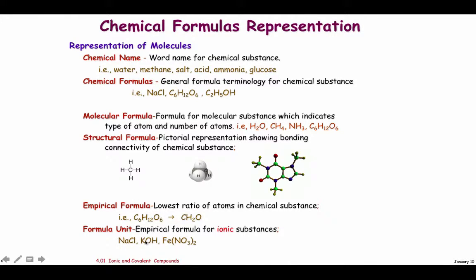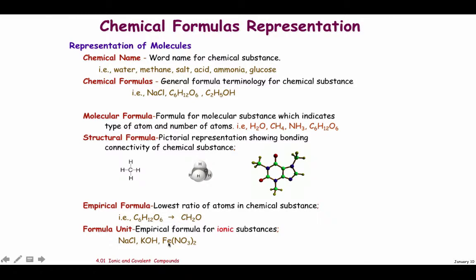Potassium hydroxide. Potassium's plus 1. Now, we haven't talked about this yet, but OH is what we call a polyatomic anion. It's a cluster of atoms that act as one unit, and it happens to be a negative 1 charge. Here's another polyatomic ion, nitrate, NO3. That operates as one unit, and that has a negative 1 charge.